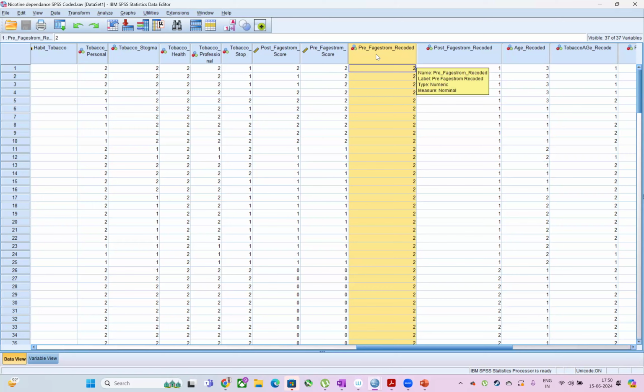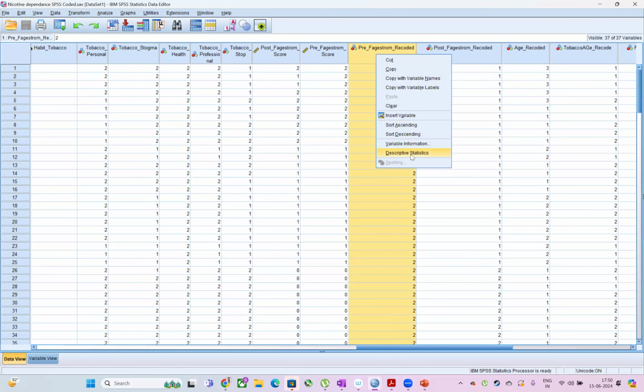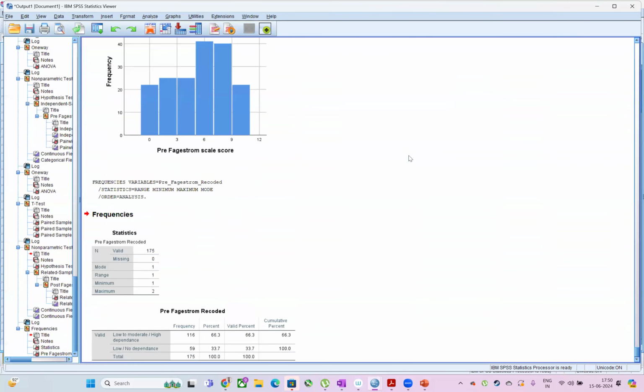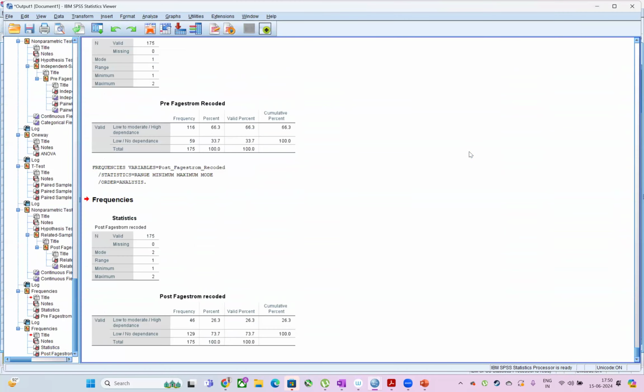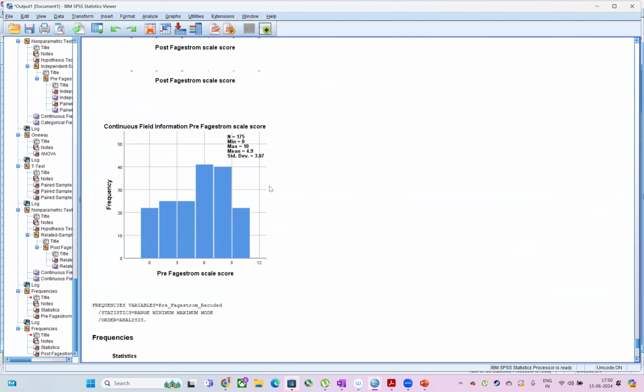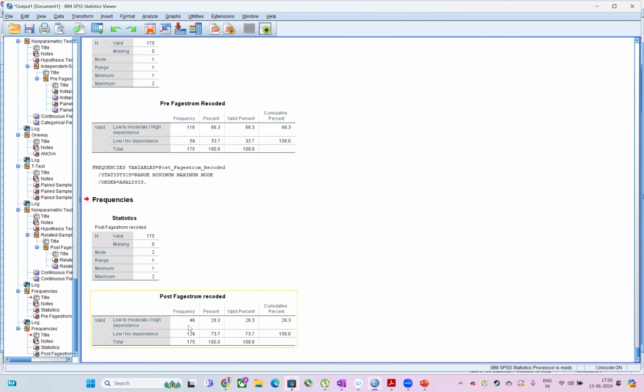For example, before intervention, I have 116 people found to be dependent on tobacco. After intervention, I am having only 46 people. So it has reduced from 116 to 46.